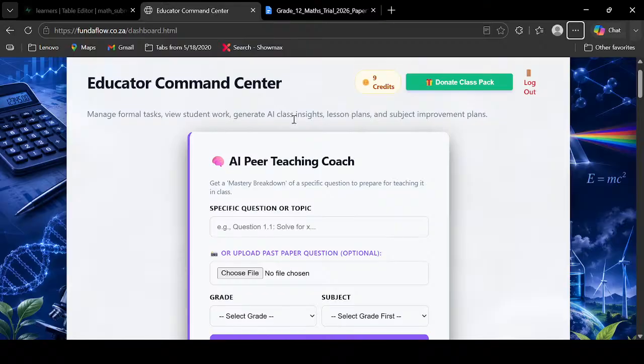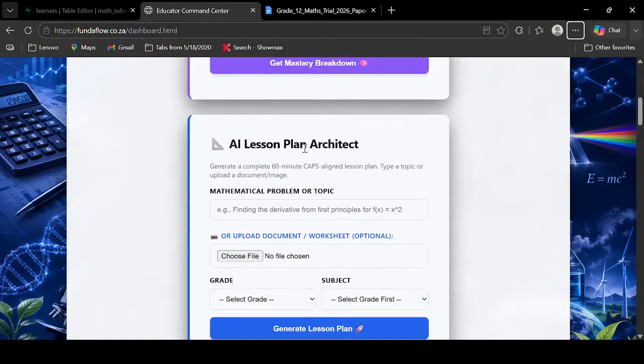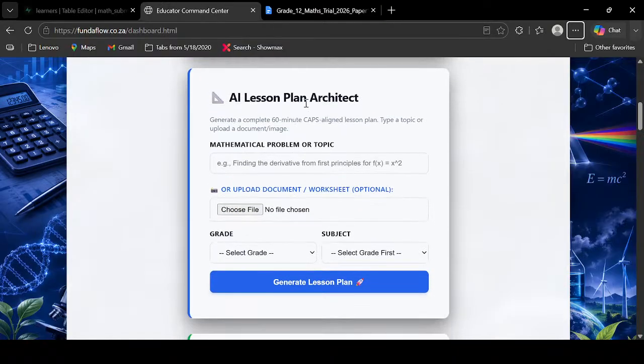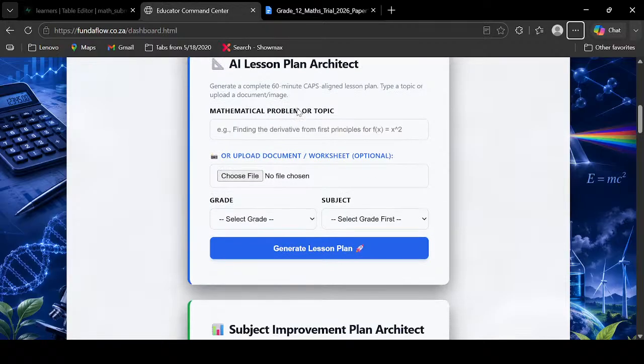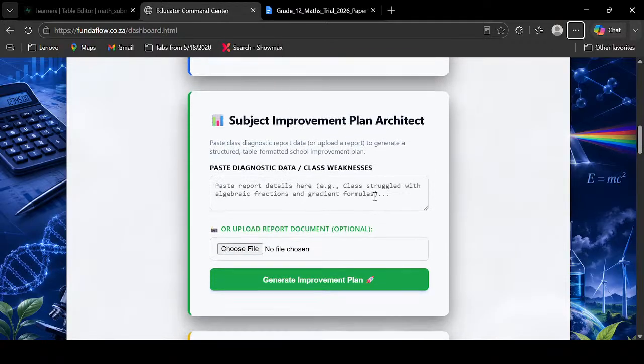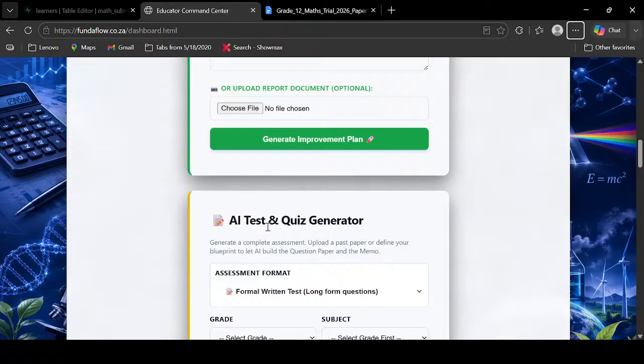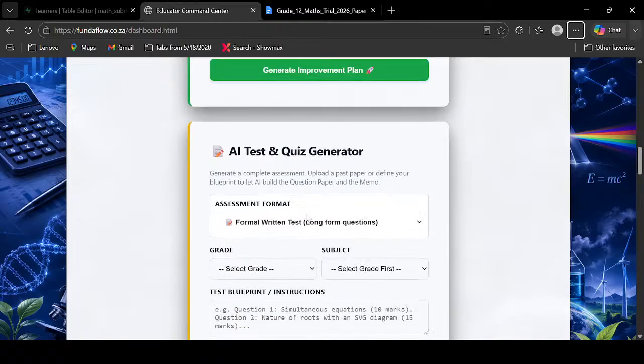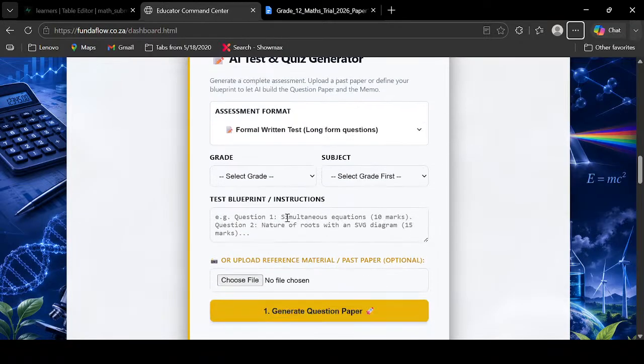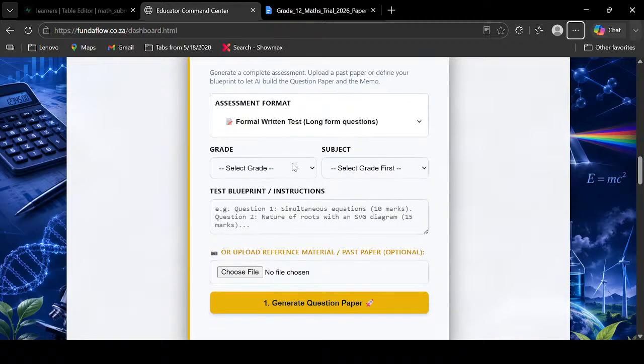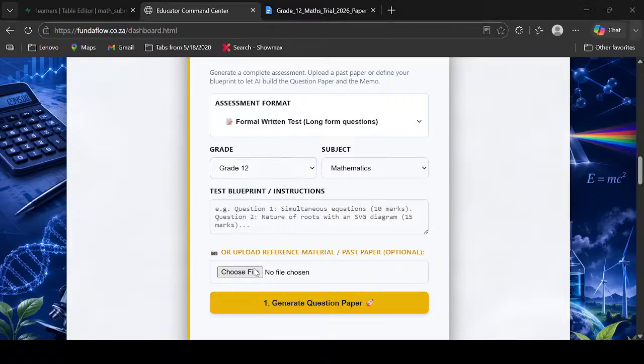There's a peer teaching coach, an AI lesson plan architect, a subject improvement planning, and an AI test and quiz generator. I want the test, not the quiz, a short test. It's grade 12 mathematics, and I'm going to upload an image. Is it possible for me to tell it to generate a question like this one? Yeah, you can do that.